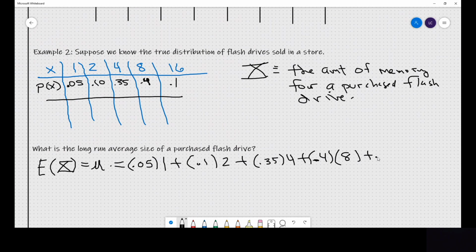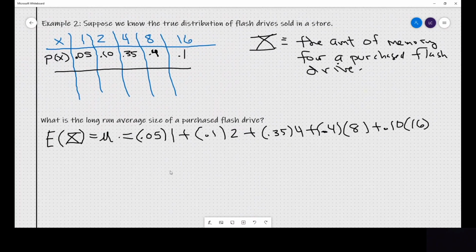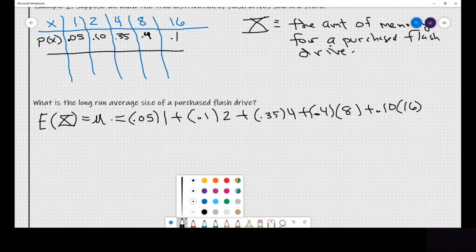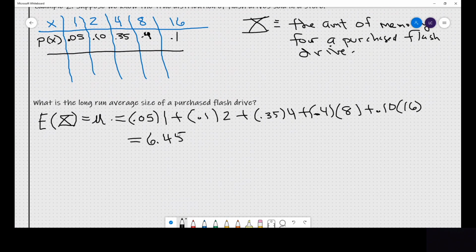Then 10% of the time we're going to purchase 16. So if we simply add these up, we would get 6.45 gigabytes.